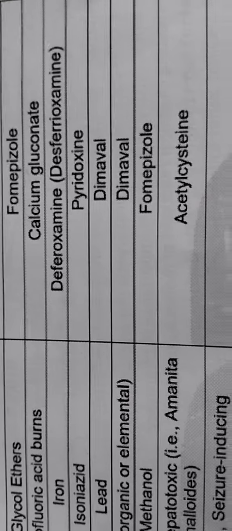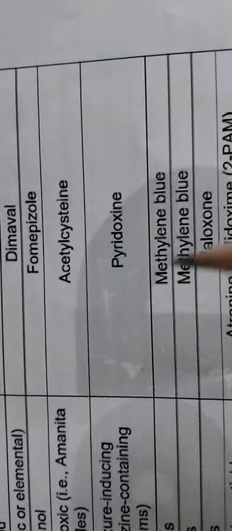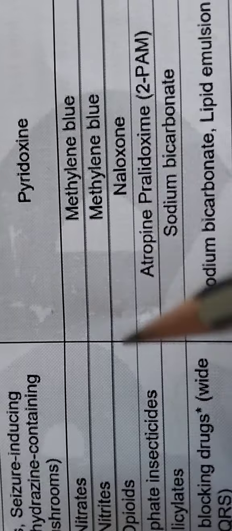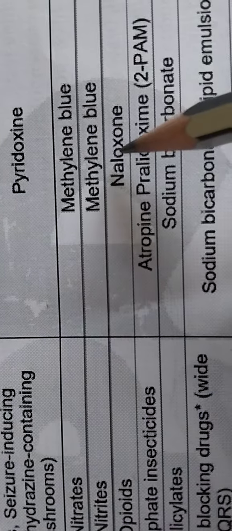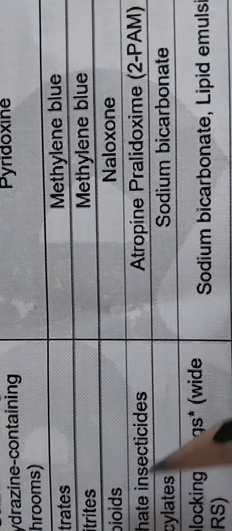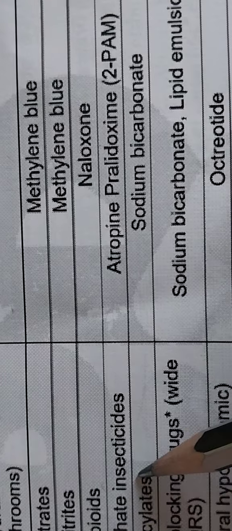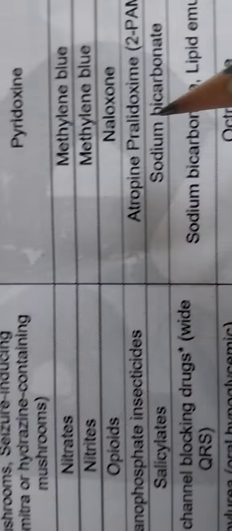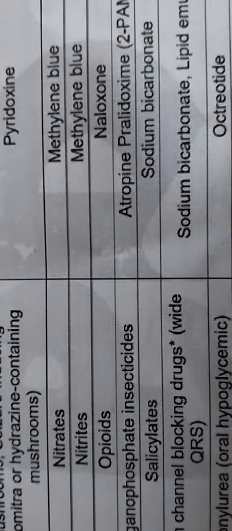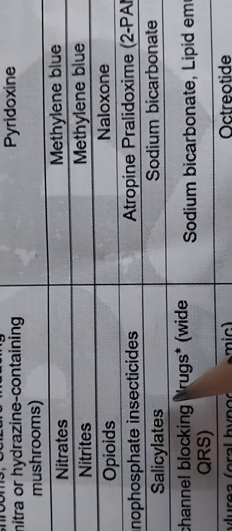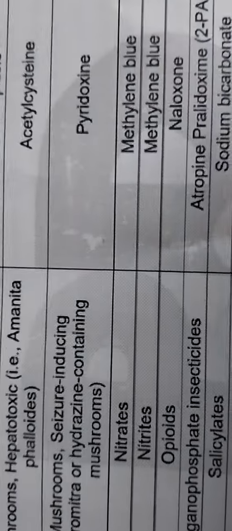Then for nitrates or nitrites, for both, methylene blue is used. For opioids, naloxone is used. For poisoning of organophosphate insecticides, atropine and pralidoxime are used. Then for salicylates, sodium bicarbonate.